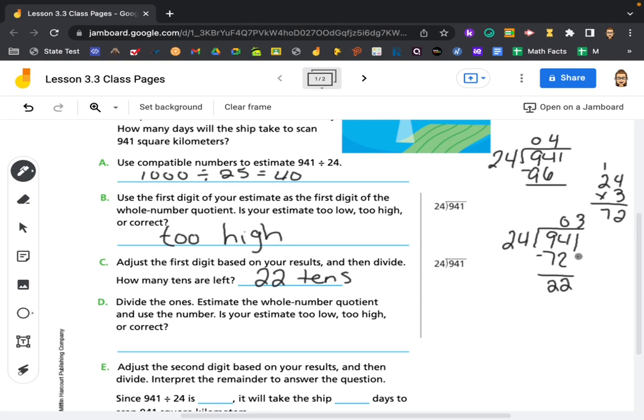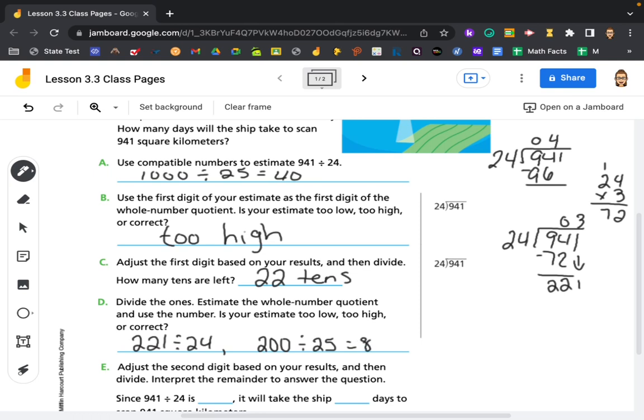So they're saying if we bring this down, we have 1. They're saying that we should estimate our 221 divided by 24. That's close to 200 divided by 25, which would be 8.